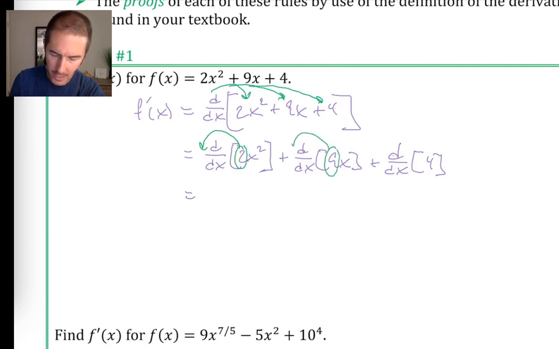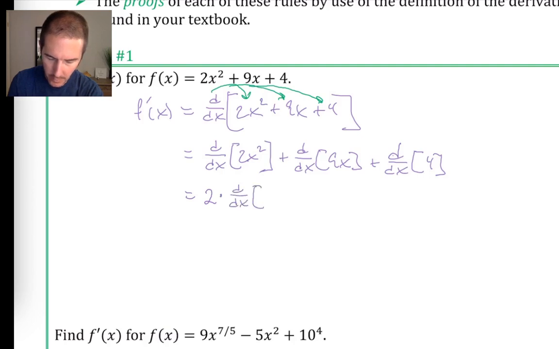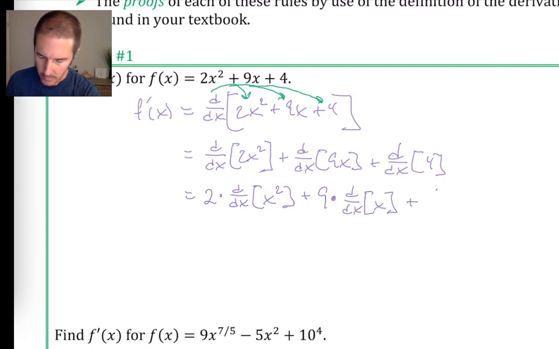I'm going to factor it out front here, so that we get 2 times the derivative with respect to x of x squared plus 9 times the first derivative of x plus the derivative of our constant value 4.